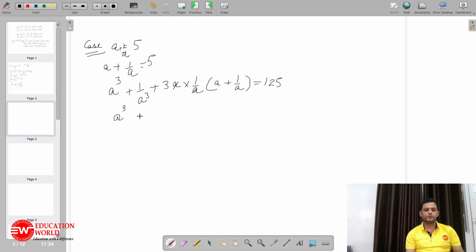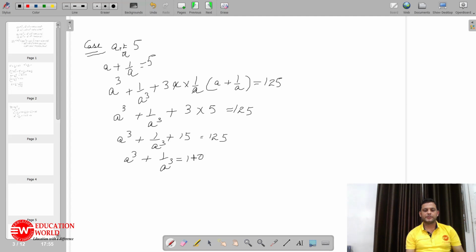You can write a cube plus 1 by a cube plus 3 times 5, so a cube plus 1 by a cube plus 15 is equal to 125. So a cube plus 1 by a cube is equal to 110. This is our first case.